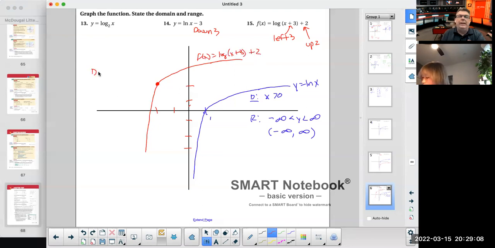So what's the domain now, Kaylee? X is greater than -3. Yeah, because here the 0 is an asymptote, it's not going to cross it, and the range is always going to be the real numbers. So -infinity to infinity. It's the same idea with the exponential graphs.